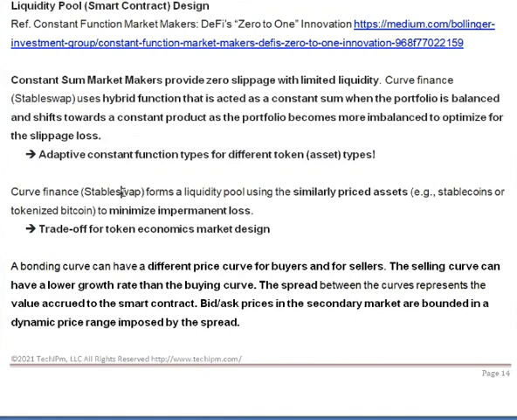One serious drawback of using this AMM is impermanent loss. This is well known in our DeFi community. The way to hedge or mitigate this is like Curve Finance, using similarly priced assets, like stablecoins or tokenized Bitcoins, which are a little more stable, to pair up the token, and then you can minimize impermanent loss.